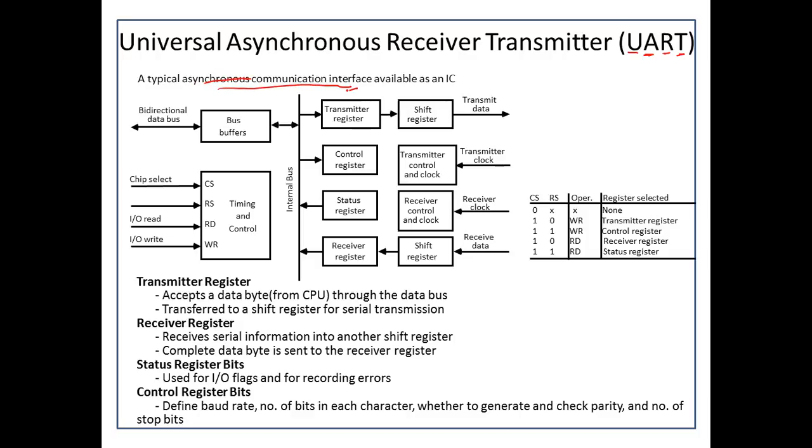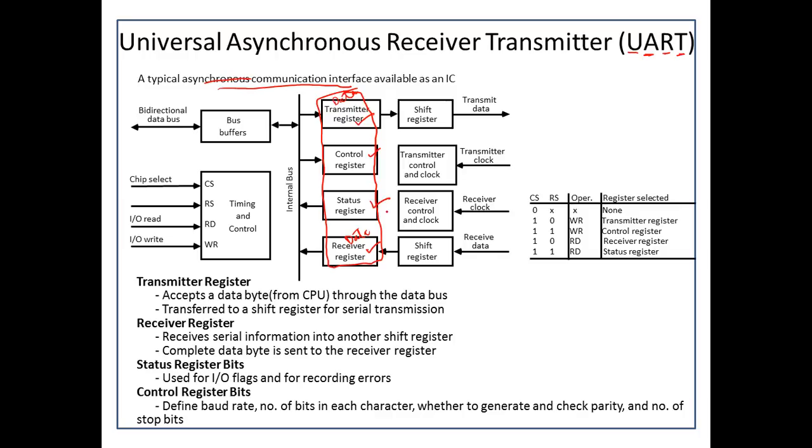We have already learned about the interfaces in the previous session. So what will the interface have? A transmitter register, a receiver register. These registers are nothing but the data registers, which have the ability to take the data in and to take the data out. And then we have a control register and a status register.